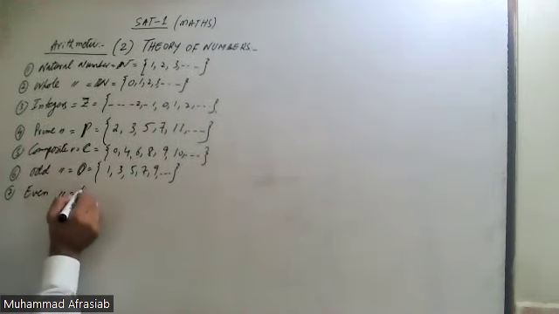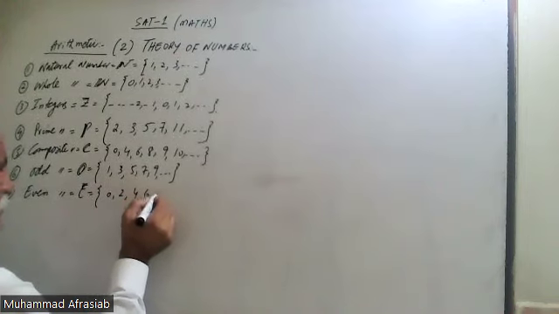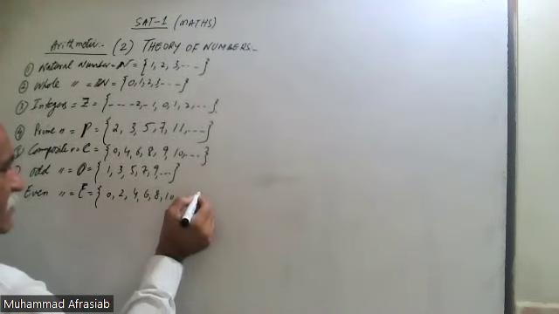Odd numbers are those which are not divisible by 2. Then even numbers, which is denoted by E. That is 0 is the first even integer, 2, 4, 6, 8, 10, and so on.